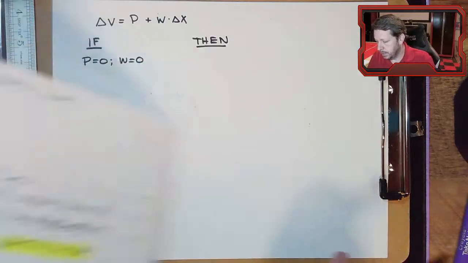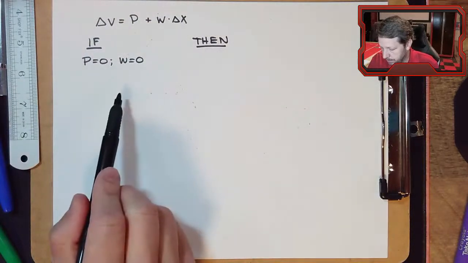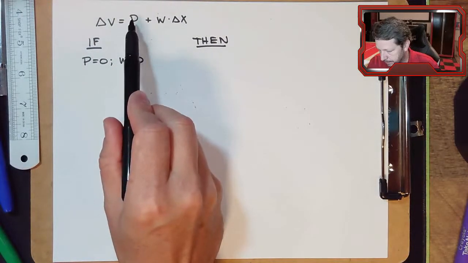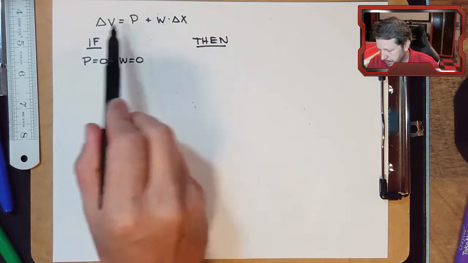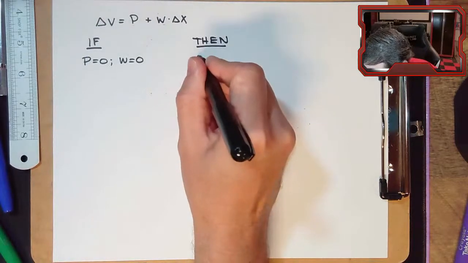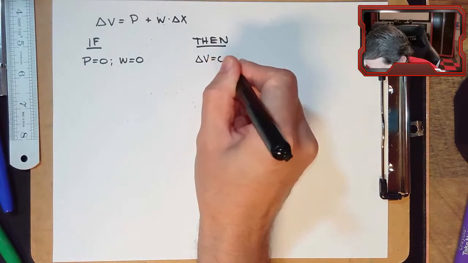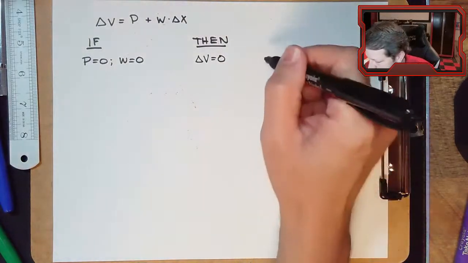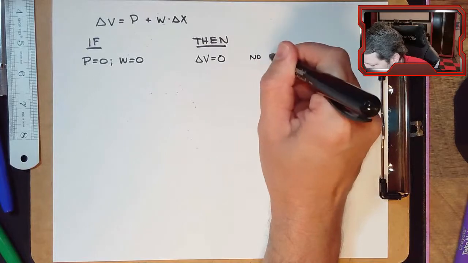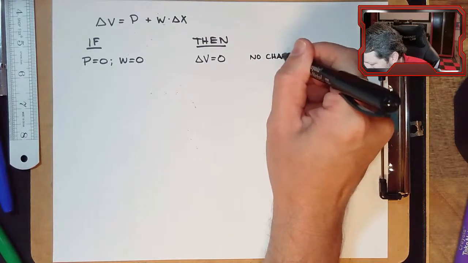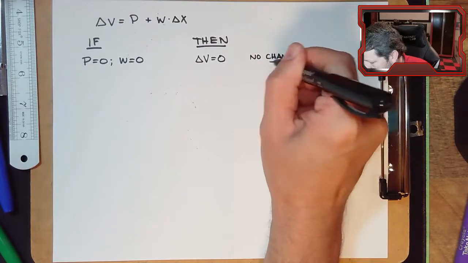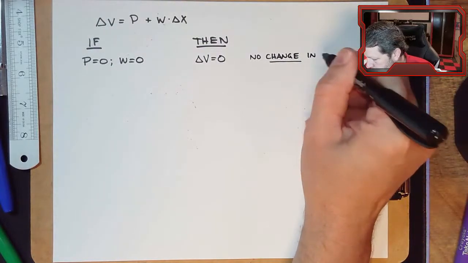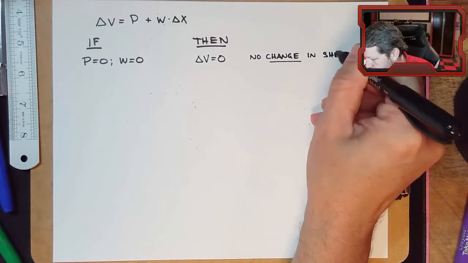So if these are both 0, then looking at this, if that's a 0 and that's a 0, then delta V must equal 0. To describe that, it would mean that there is no change. Delta V is the change in shear, so no change in shear for this section.